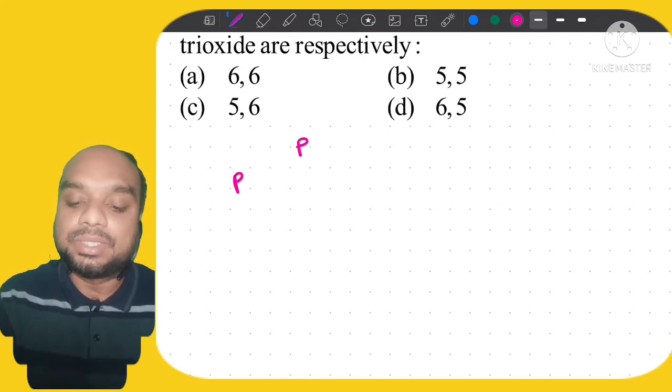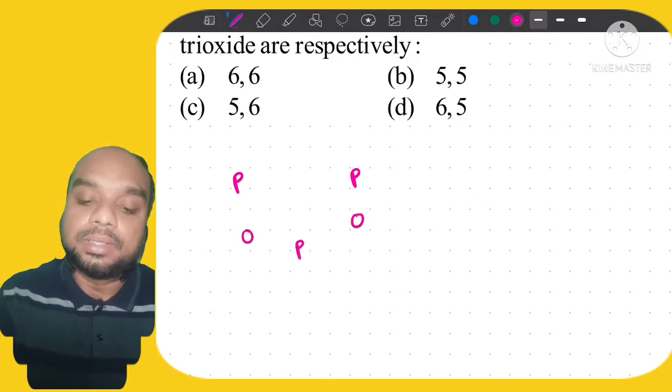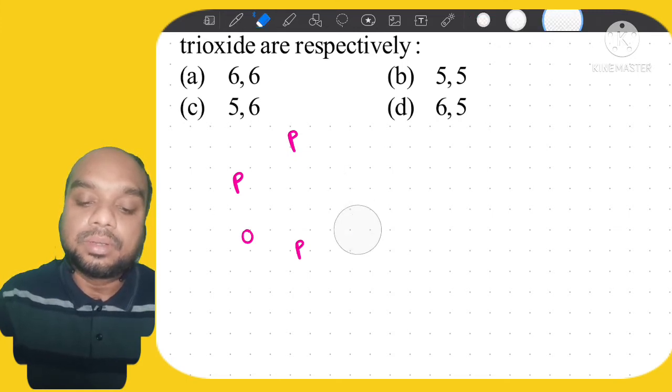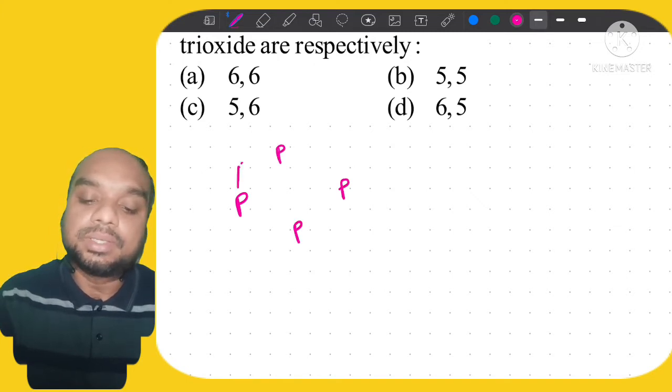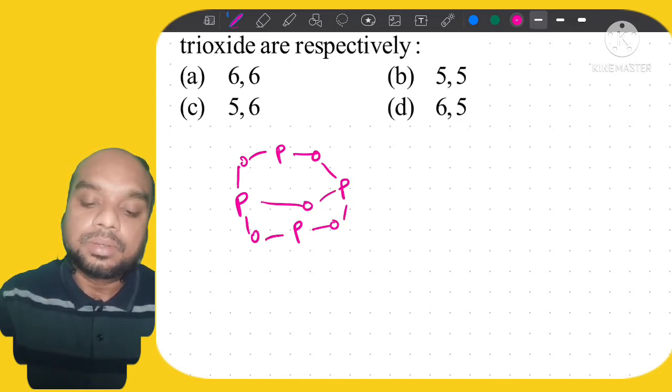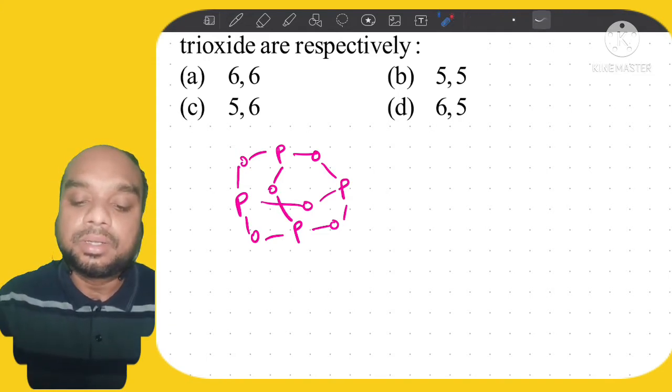There are 4 phosphorus atoms, and between them you have to place oxygen atoms like this. In this case, what is P2O3?